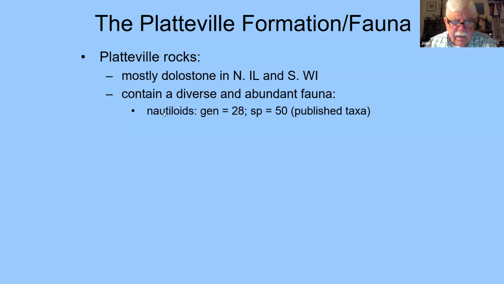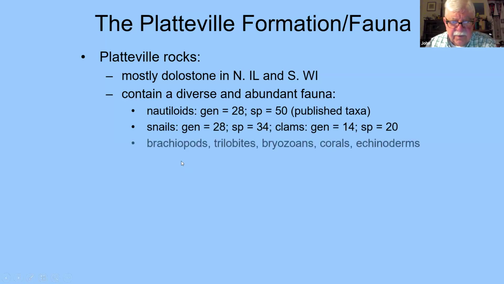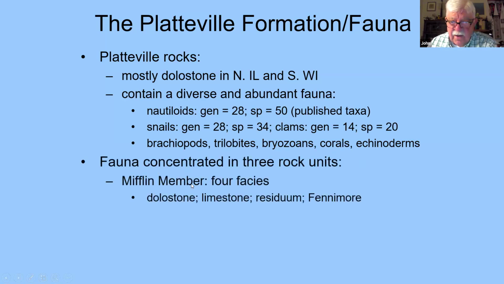That's not a lot. Snails, 20 genera, 34 species. Clams, 14 and 20 plus. Brachiopods, trilobites, some good trilobites, bryozoans, corals, and echinoderms. The fauna is concentrated, as I showed on that diagram, in 3 rock units.